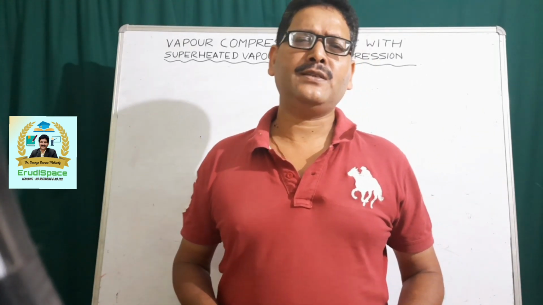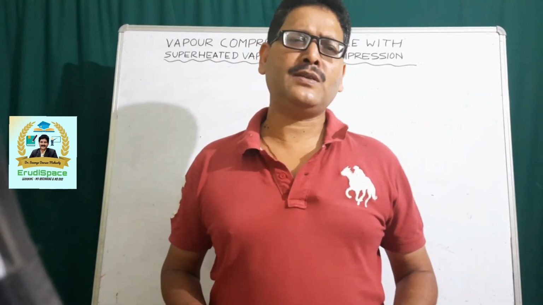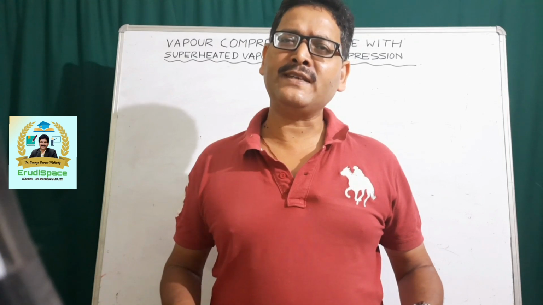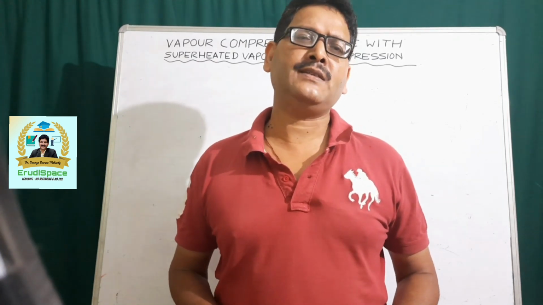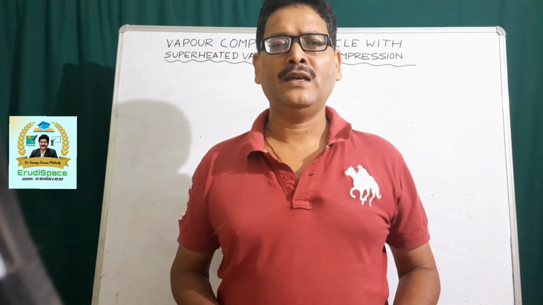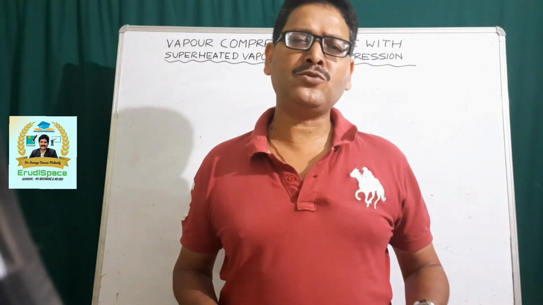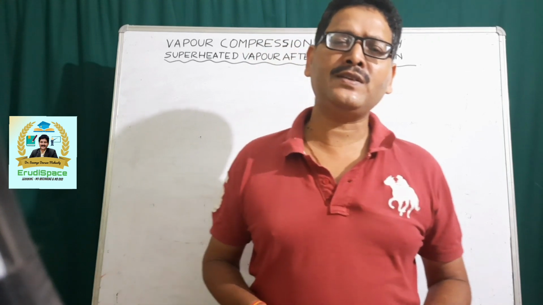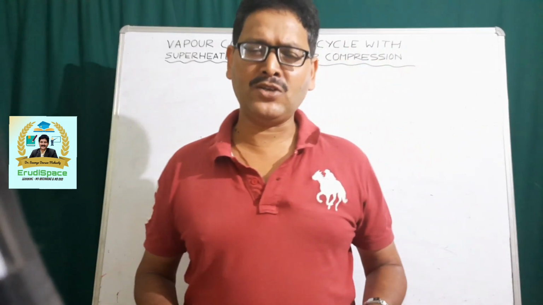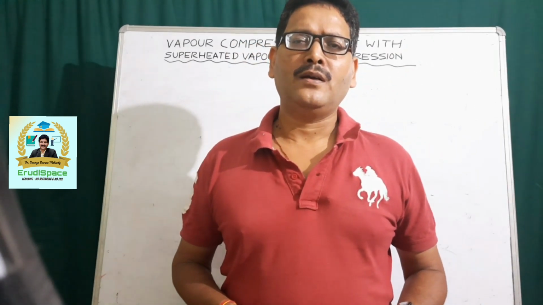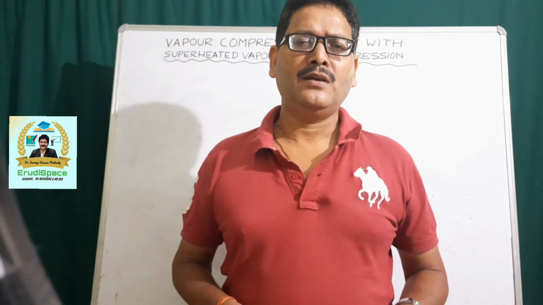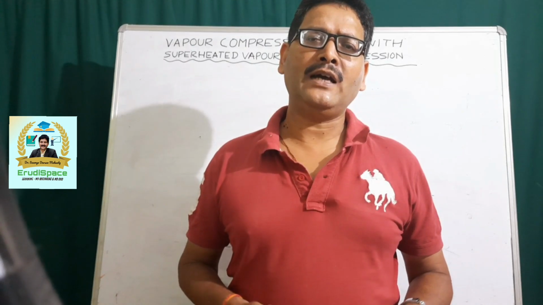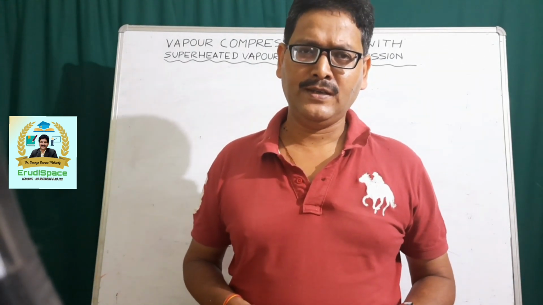So as far as the operations are concerned, operations will be exactly the same in this case as has been happening in the previous two cycles also. We will have the same components like compressor, condenser, expansion valve or refrigerant control valve, as well as evaporator.